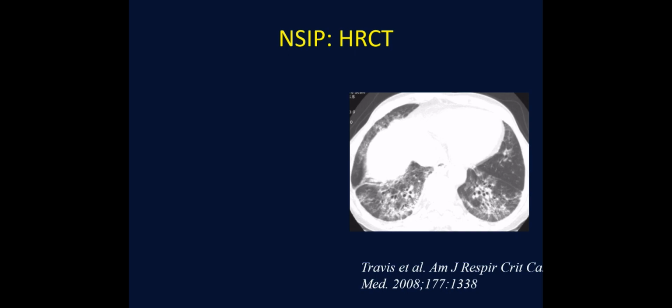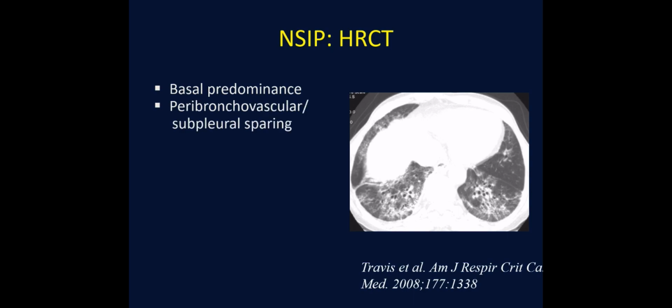But if you look at this image on the right side of your screen, this is the typical appearance of NSIP. Like UIP, it is basal predominant. Unlike UIP, it tends to be peribronchovascular and often with a zone of subpleural sparing.